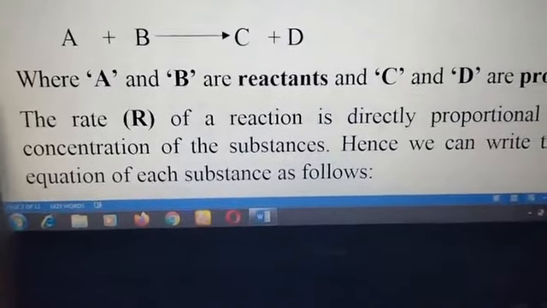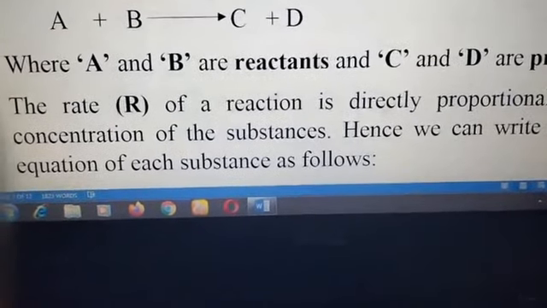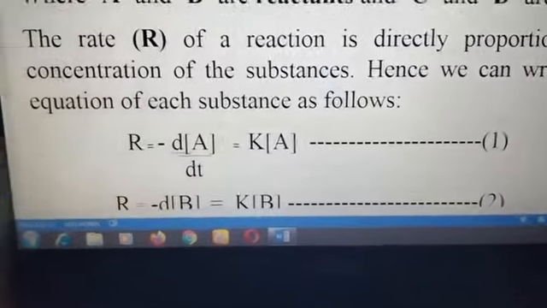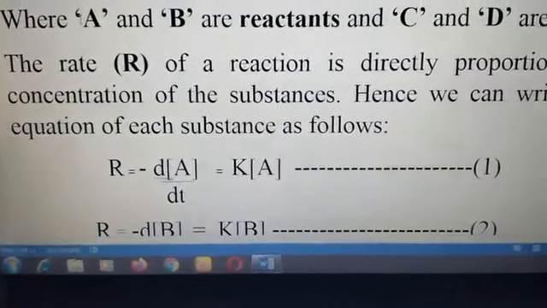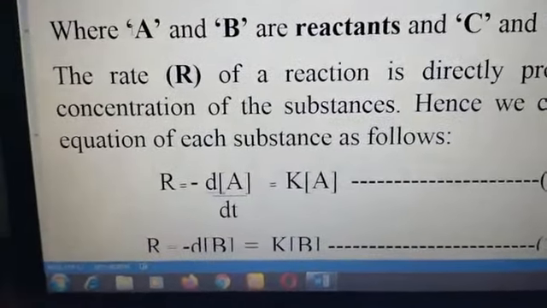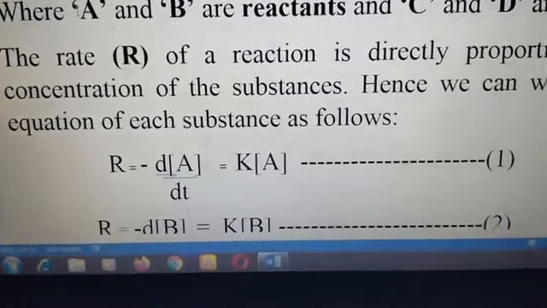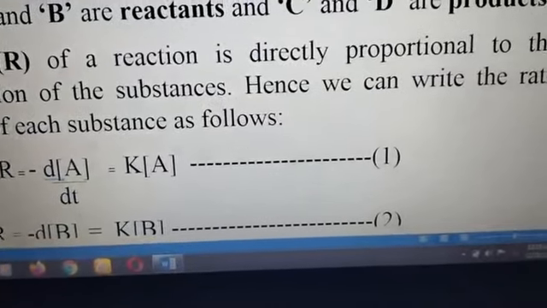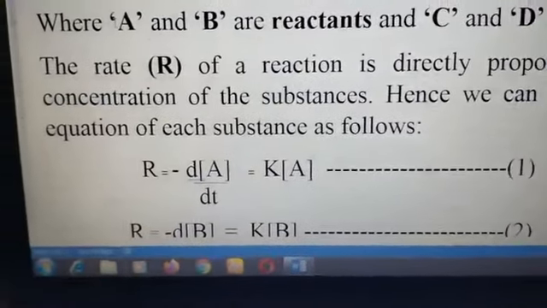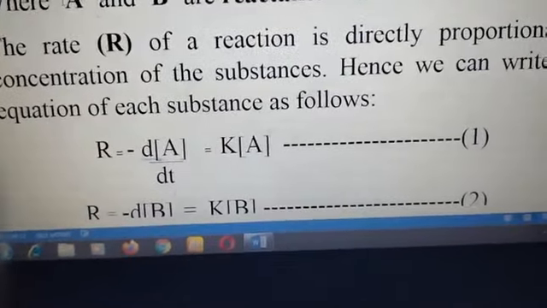The rate, that is R, of a reaction is directly proportional to the concentration of the substances. So the rate of reaction is proportional to the concentration of the reactants and that of the products. Hence we can write the rate equation of each substance as follows.